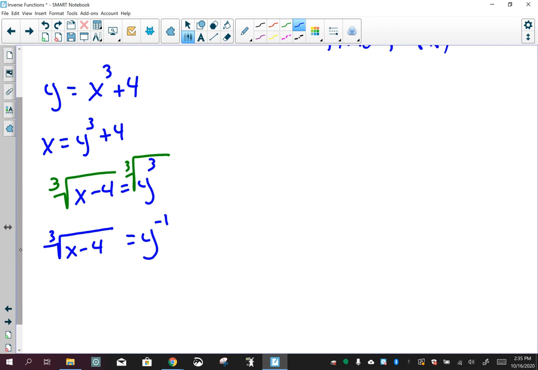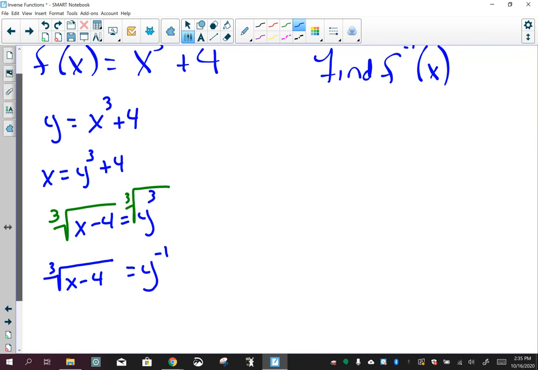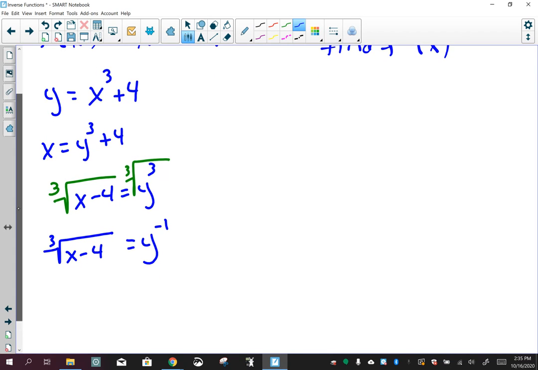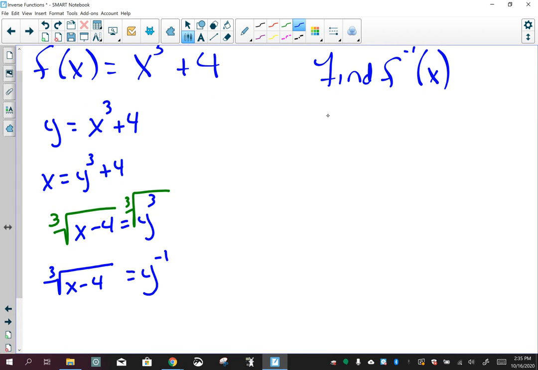All right. So hopefully when you go through this process and you're trying to find the inverse of this, it should be relatively simple. Just take your time and make sure that if you have to undo your roots, then you're squaring, you're cubing, or whatever.